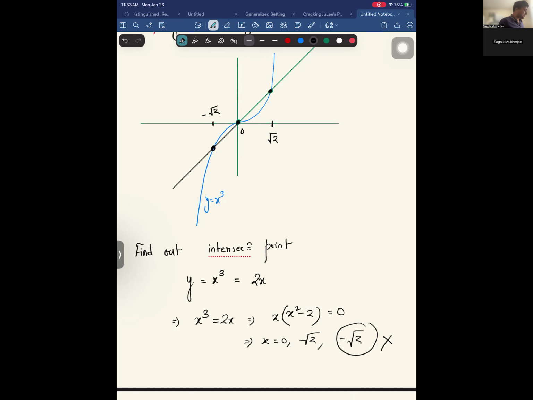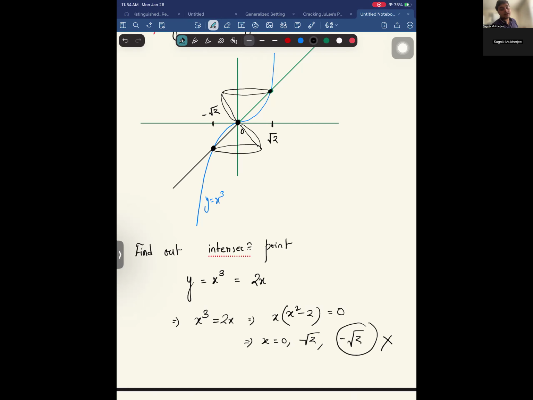This intersection point is for x equals 0, this one for x equals negative root 2, and this one for x equals positive root 2, right? And now you are rotating this entire thing around the x-axis.